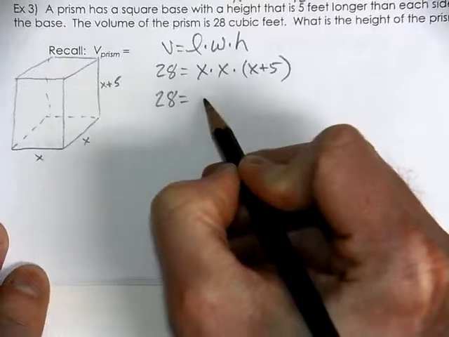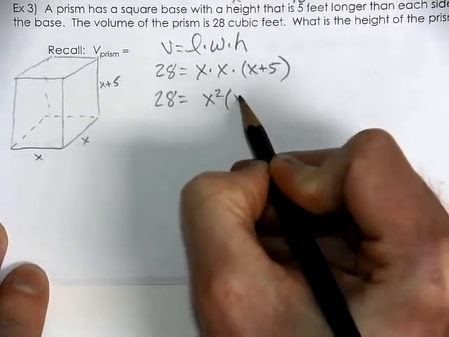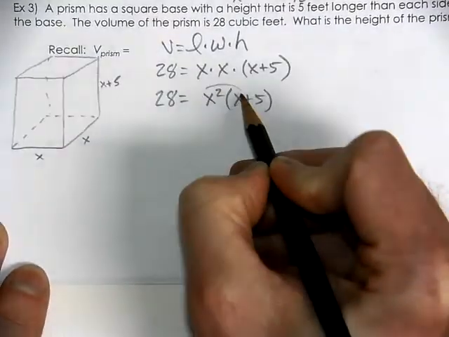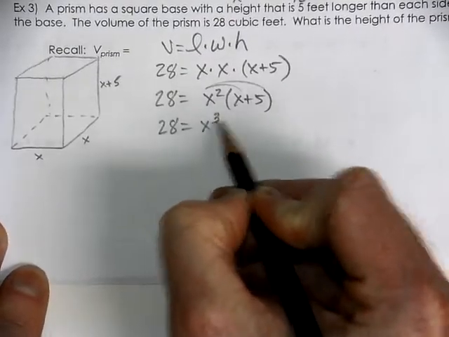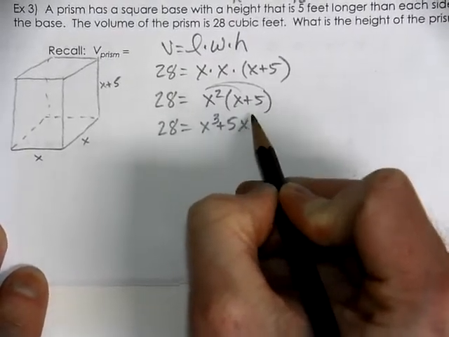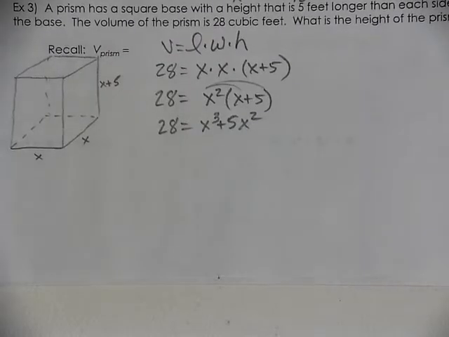So 28 is going to equal x squared times (x plus 5). So we get x cubed plus 5x squared, and that all equals 28. We multiplied it together, just like before.